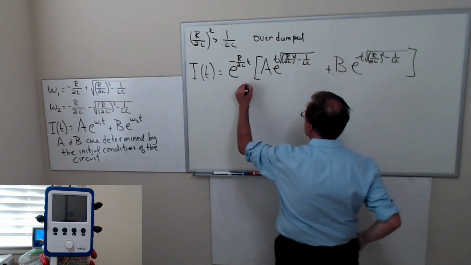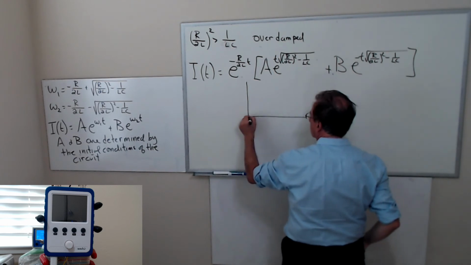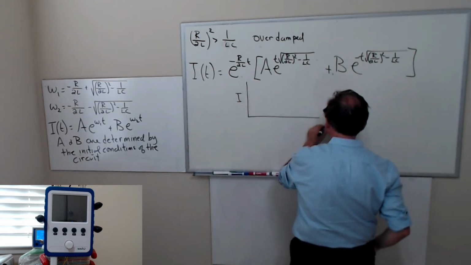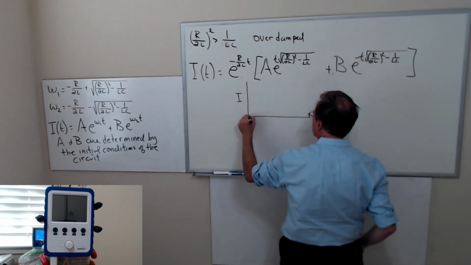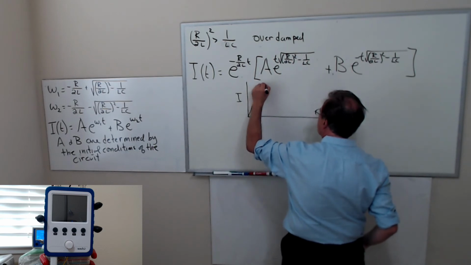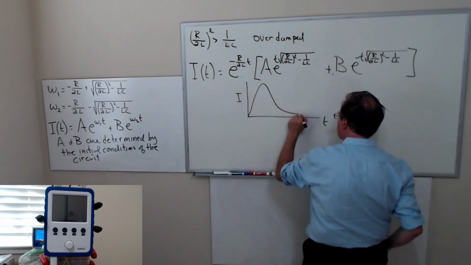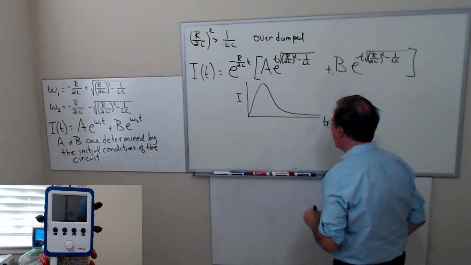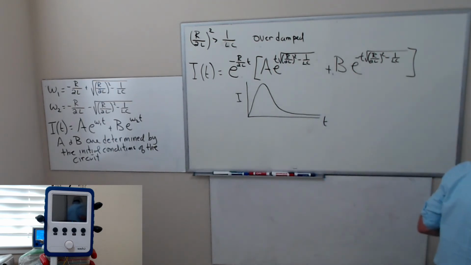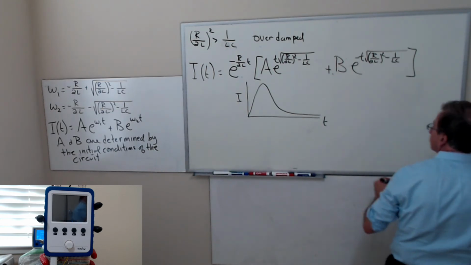And what happens is, when you plot I as a function of t, current builds up and then decays exponentially with no oscillations. Okay? So you get an exponential decay with no oscillations.